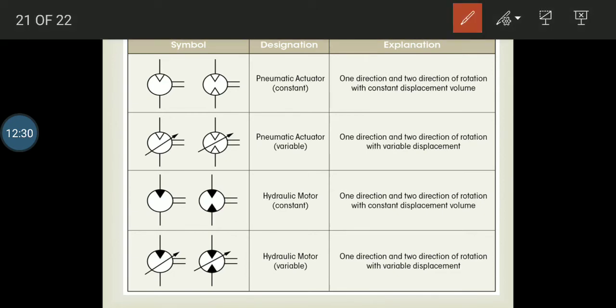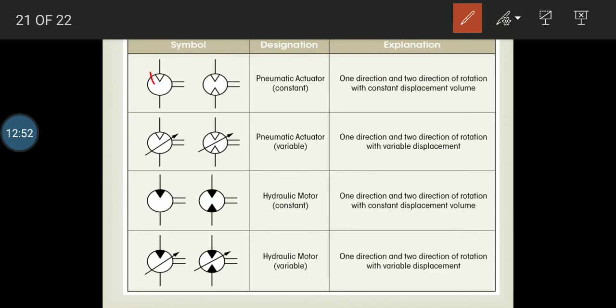Rotary actuators, these are the different kinds of pumps and actuators. See, this is a constant single pneumatic actuator, and this is a variable actuator because we are having an arrow in between. These are the symbols, which we are going to deal with in the further hydraulic circuits.